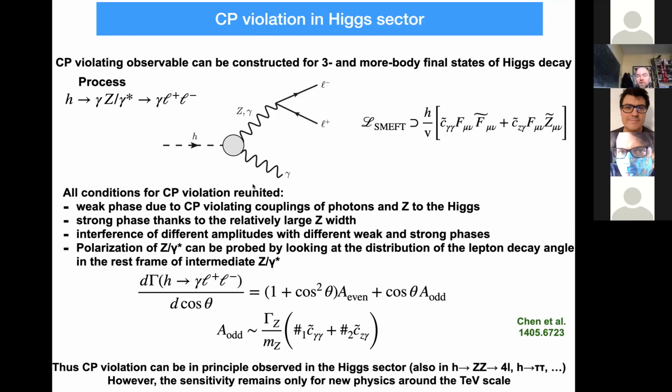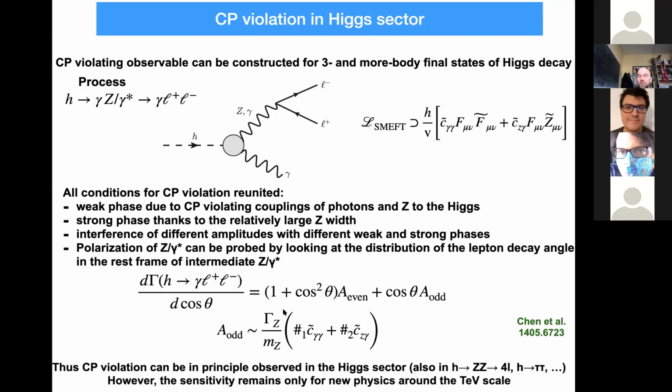So if you take the differential width of this process as a function of this decay angle of the lepton in the rest frame of the Z, it will have this structure: 1 plus cosine squared theta times some CP even amplitude, and 1 plus cosine theta times the CP odd amplitude.